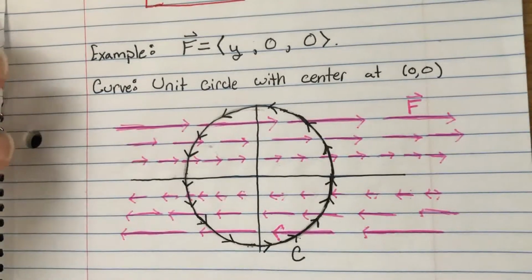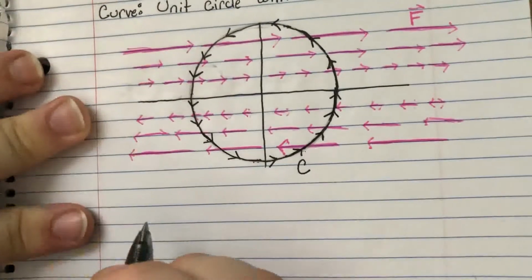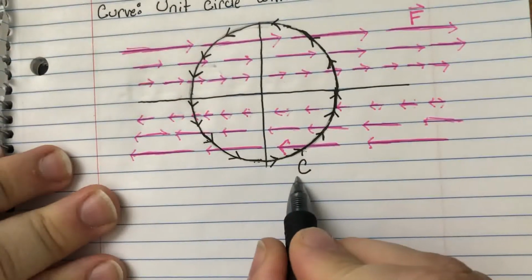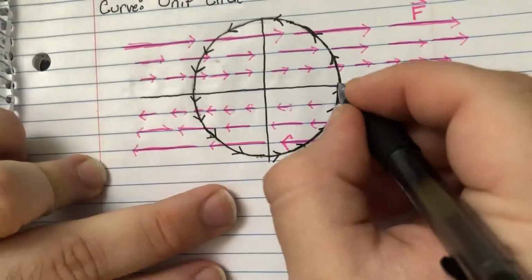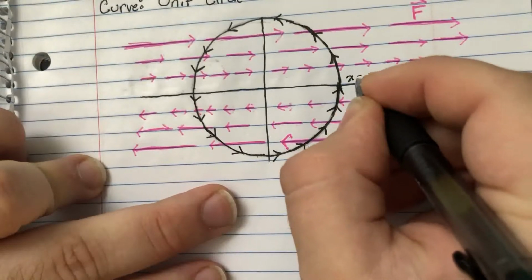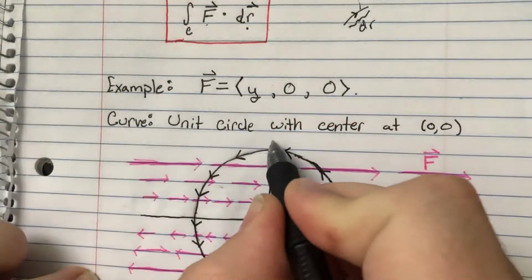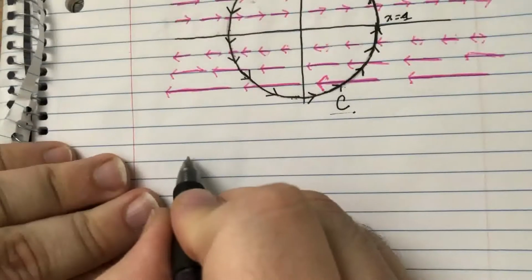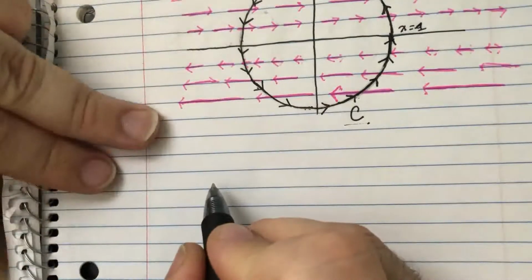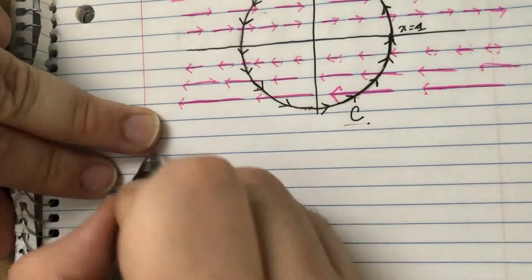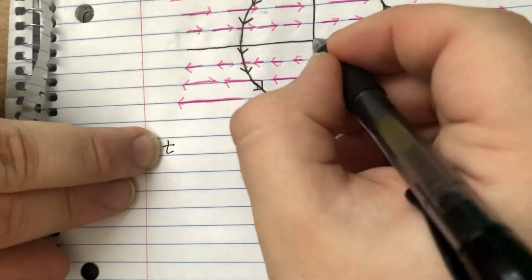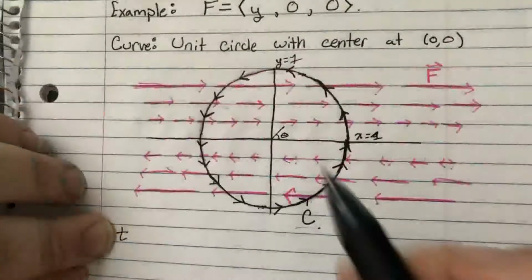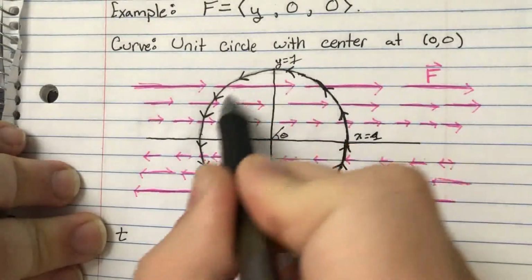Let's get started on solving this analytically now. So the first thing you want to do is describe the curve in a parametric form. The way we would do that is, since this is a unit circle, we can say that we will make our parameterization variable t, and the easiest thing to do is let t be this angle, because our r is the same, we can just go around.